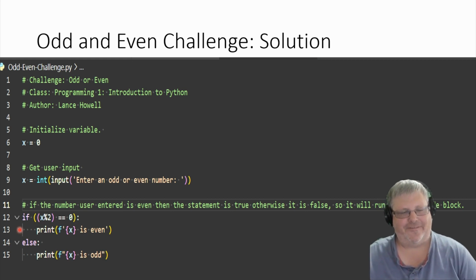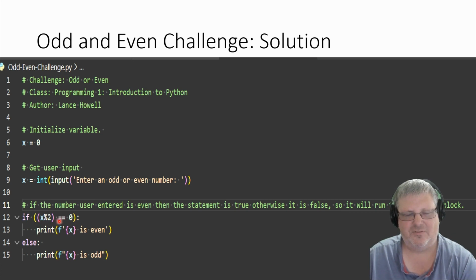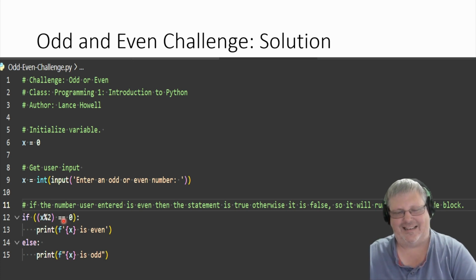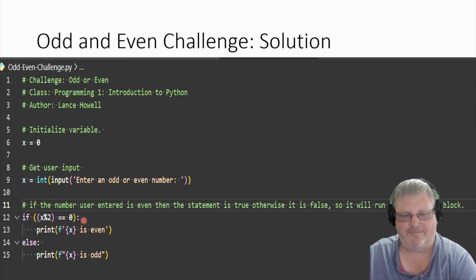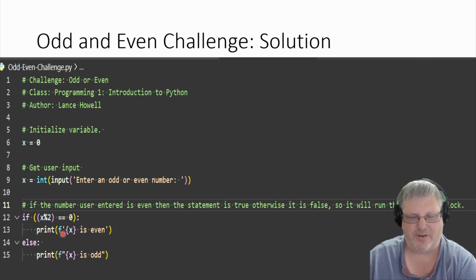So if x modulo 2 equals 0, and remember you've got to use double equal signs to show equal, then you print x is even. And this statement right here is something I added. It wasn't part of the assignment, but I added it.